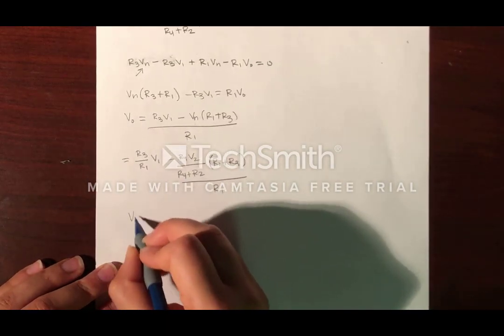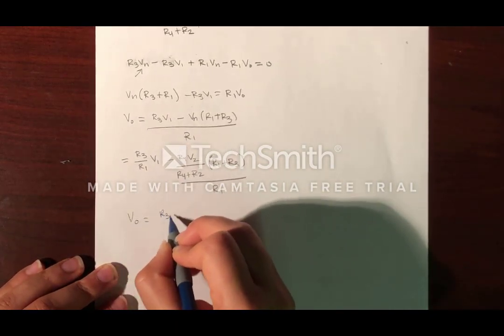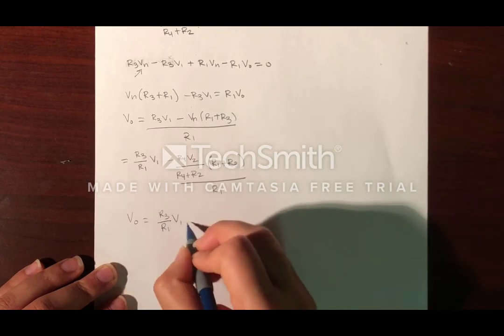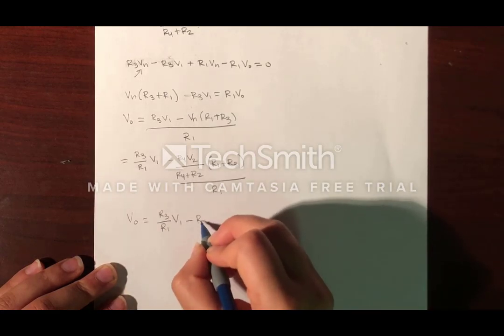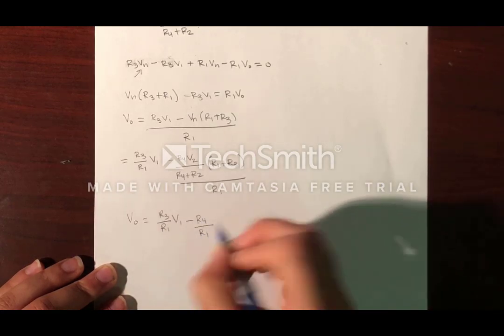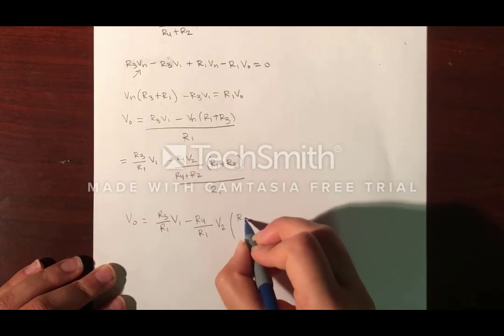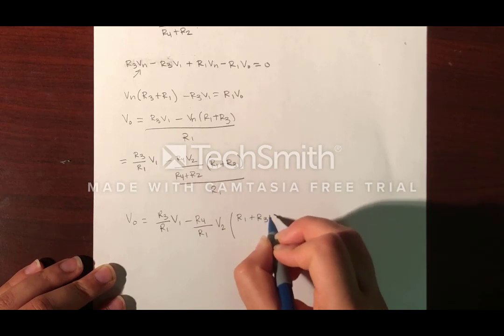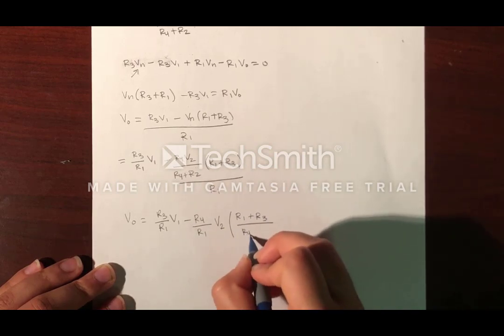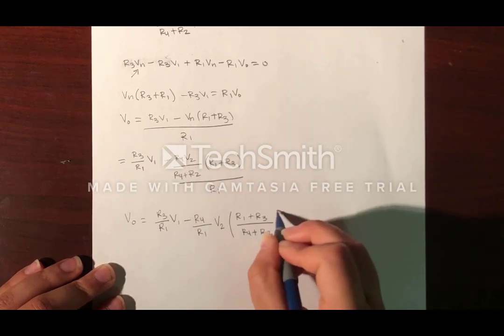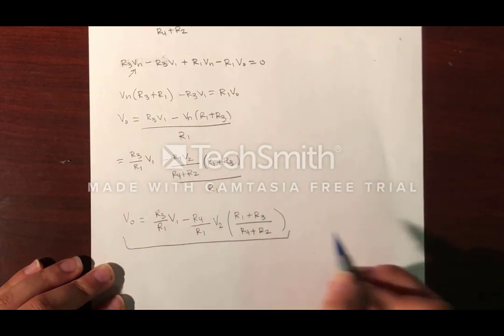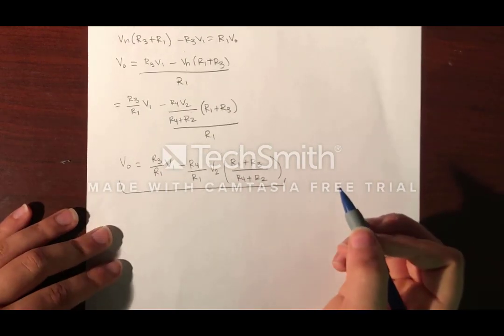Finally, we'll simplify one last time. We'll pull out this R4 and put it over the R1, multiply by V2. Here we have our final voltage equation.